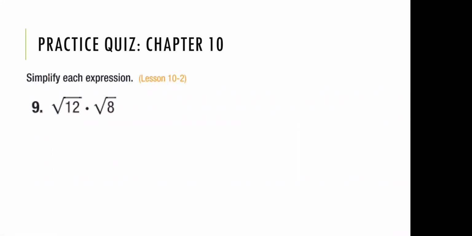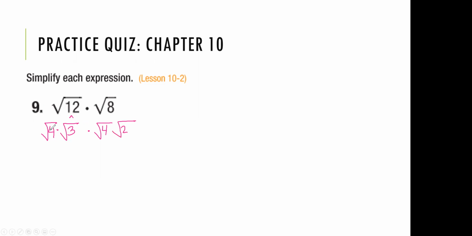So if we have the radical 12 times radical 8, we can break down radical 12 because it has a perfect square factor. 4 is a perfect square, and 4 times 3 is equal to 12. Radical 8 also has a perfect square factor because 4 times 2 is 8.